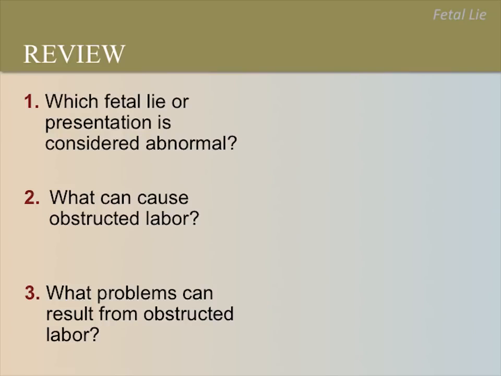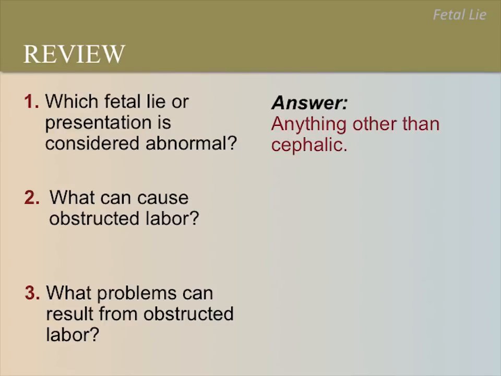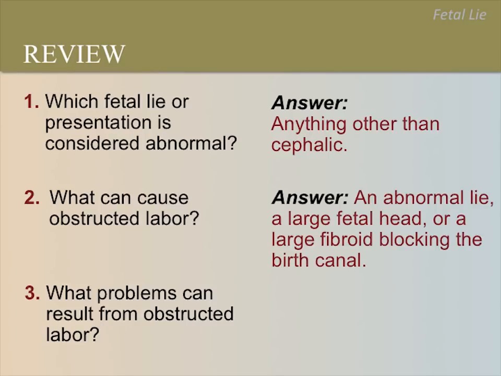Which fetal lie or presentation is considered abnormal? The answer is anything other than cephalic. What can cause obstructed labor? The answer is an abnormal fetal lie or presentation, a fetal head that is too large, or a fibroid in the birth canal.